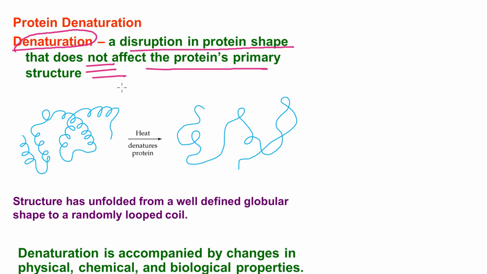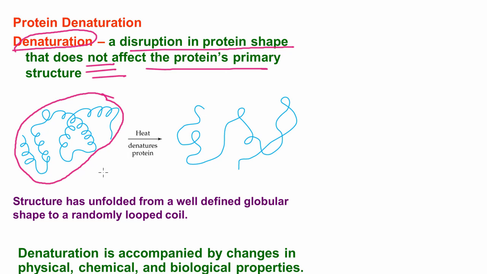The only way you can affect the primary structure of the protein is through hydrolysis of those peptide bonds. So let's say you have a protein that is folded a certain way, and if it's exposed to heat, this structure will start to unfold.